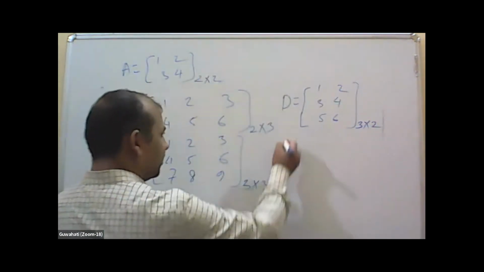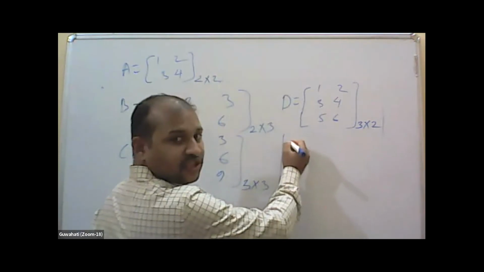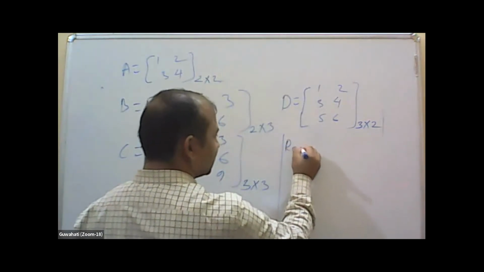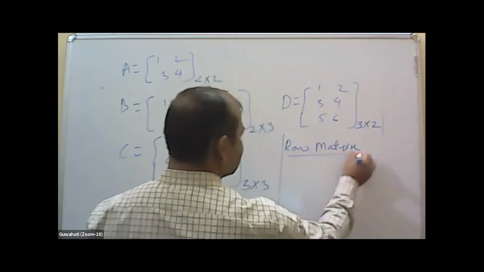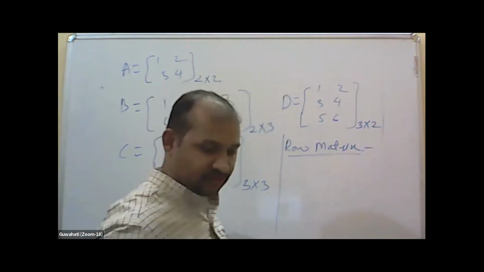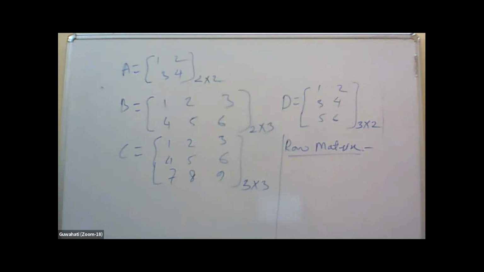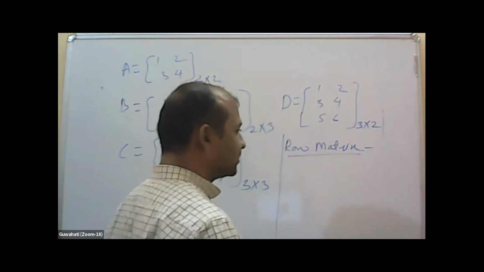Now I will define another definition called a row matrix. What is a row matrix? A single row. Correct.